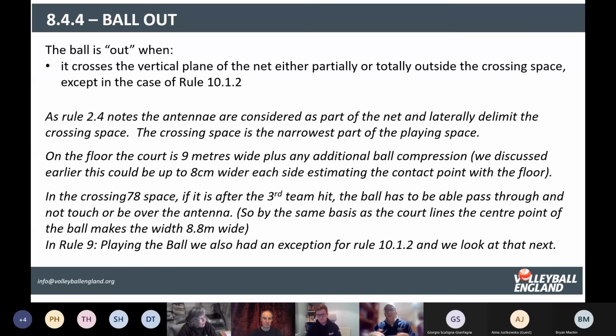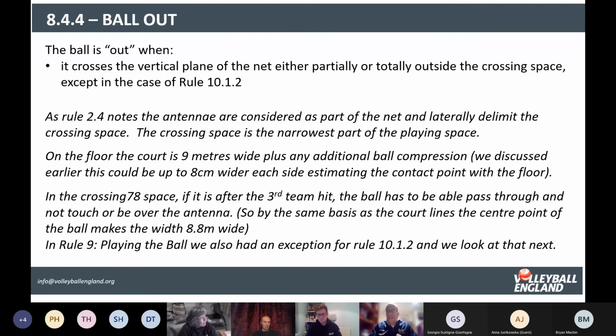So on the floor, we talked about it earlier, we've got a 9-meter wide court. Now we know with compression, as we talked about it, that we've probably got another 8 or 9, maybe 8 centimeters between the center of the ball and how much of the ball compresses on each side of the ball. So you've got about maybe an 18 centimeter space of compression.